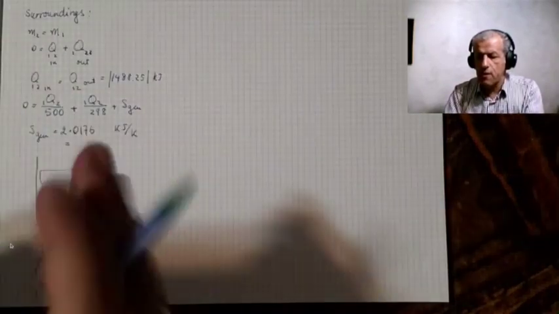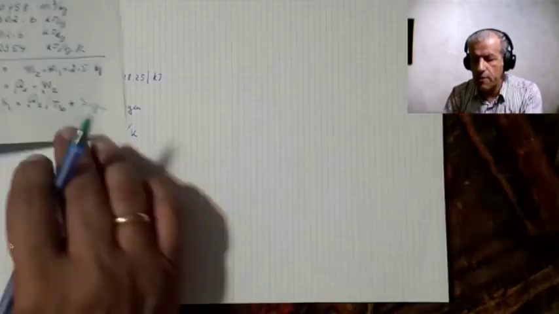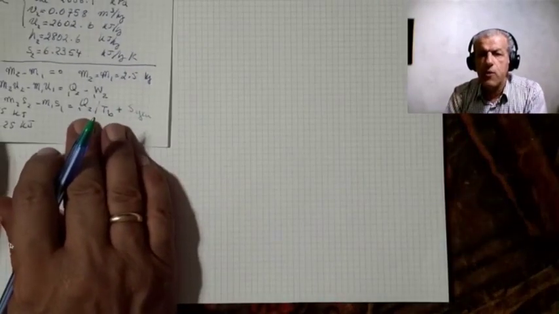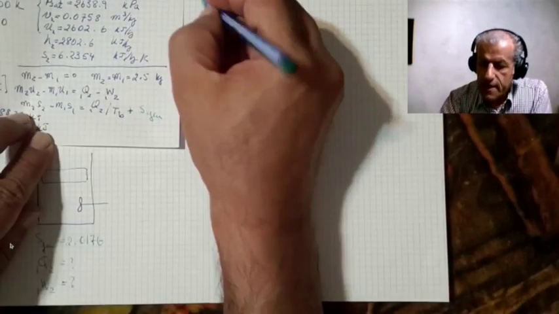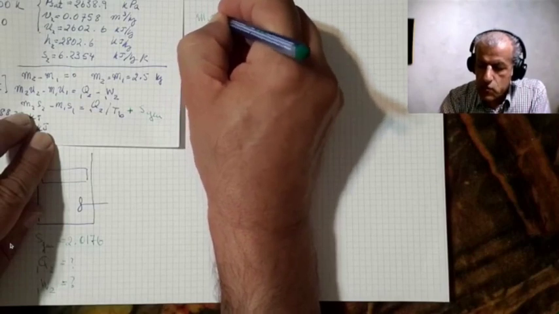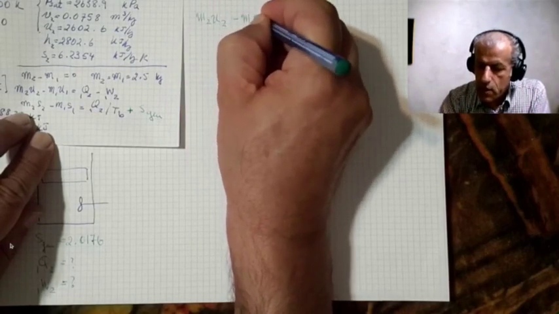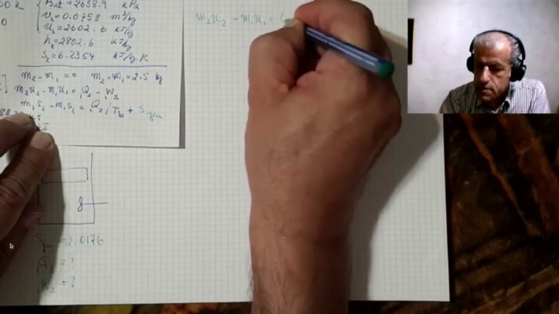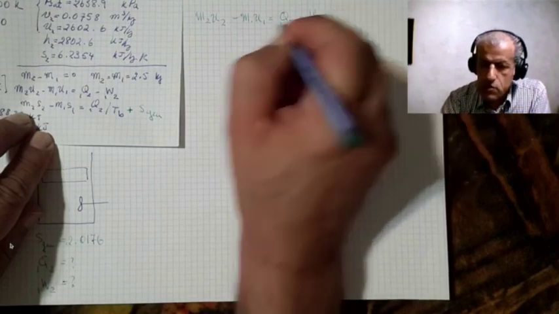You see, let's fold paper to be able to show the equations. The first law of thermodynamics would still be very similar. M2 U2 minus M1 U1 equals Q12 minus W12.